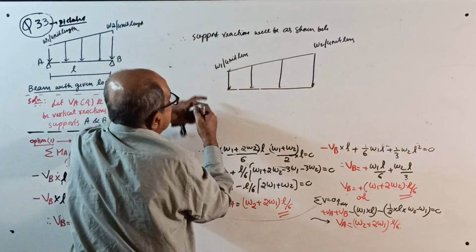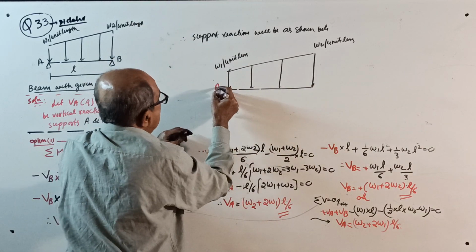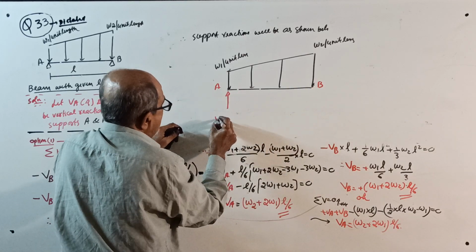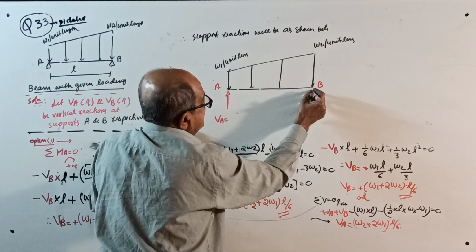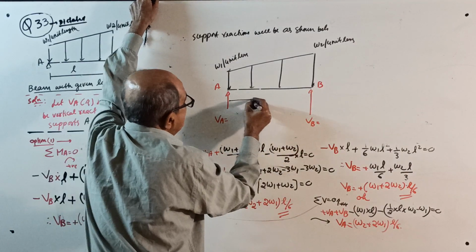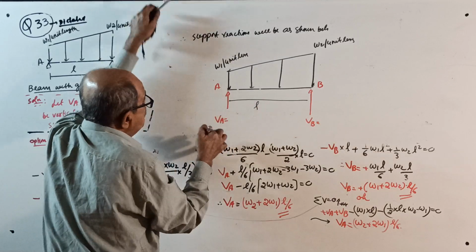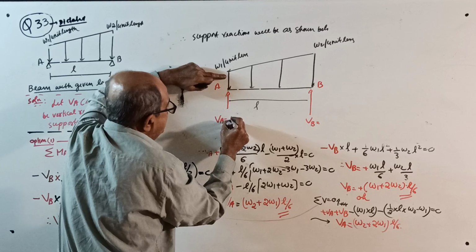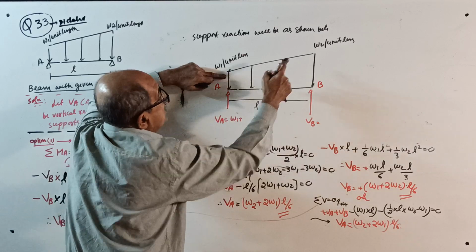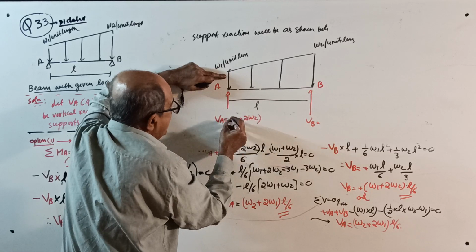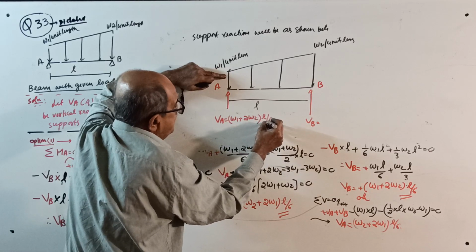Start. This is A, this is B. There is a reaction here, VA, and a reaction here, VB. The length is L. If you want this reaction, it is this intensity W1 plus 2 times the other intensity, close the bracket, into L by 6.